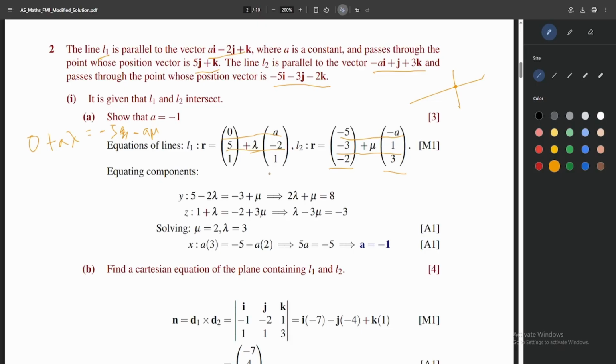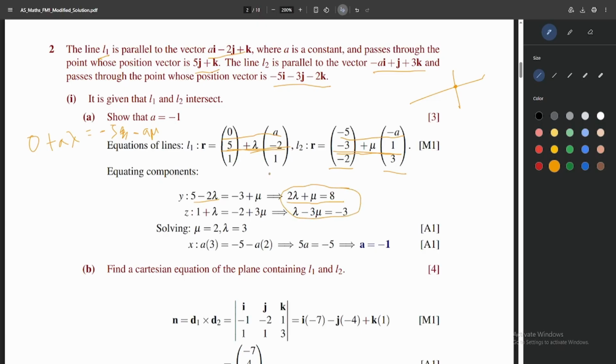Over here we use the second line for this. So minus 5 minus 2 lambda equals the second line's component. So equating the y component, it simplified this. Basically, this is a simplified form of the equation for the y component, and then it did the same for the z component. You can do it for any two components, and then you'll find two equations, and you solve these two equations using simultaneous equations.